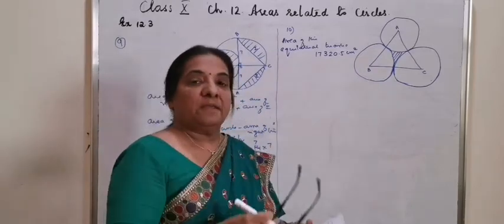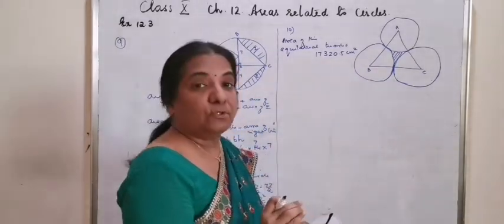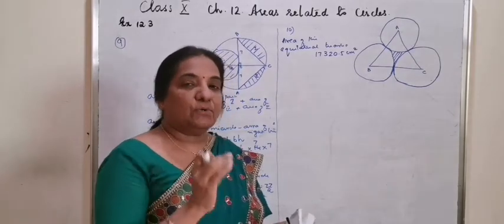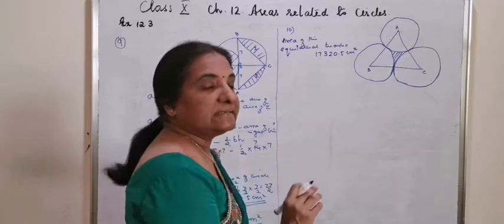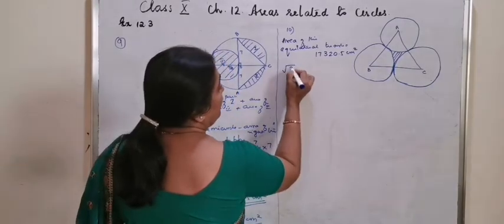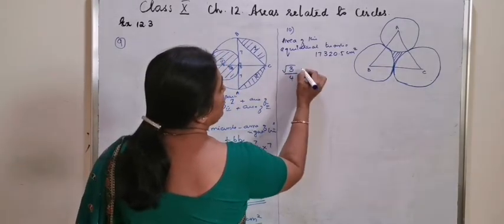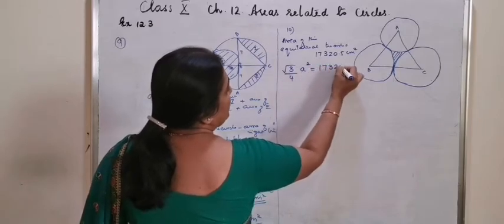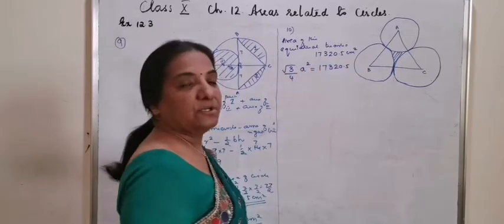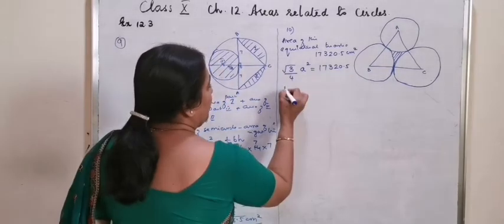And now the circles are drawn with the radius equal to half the length of the side. So let's find out the side of the equilateral triangle. Formula for area of equilateral triangle is root 3 by 4 a square, equal to 17,320.5.